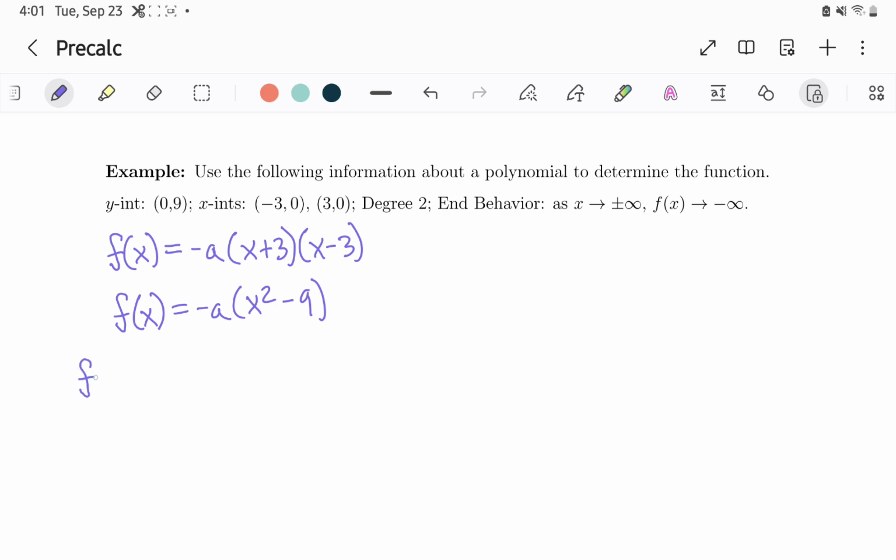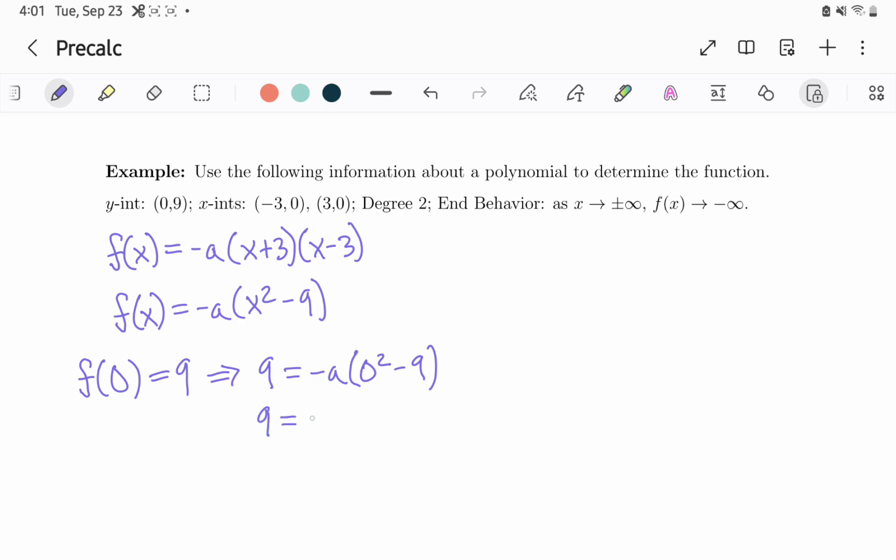So we could say, kind of like when we were dealing with the quadratics earlier in section 3.2, we could write, okay, since f of 0 is equal to 9, this tells us that 9 is equal to minus a times 0 squared minus 9.